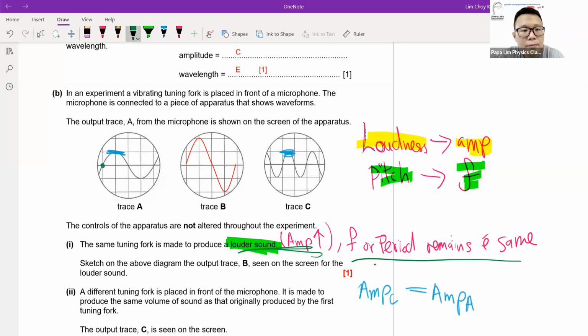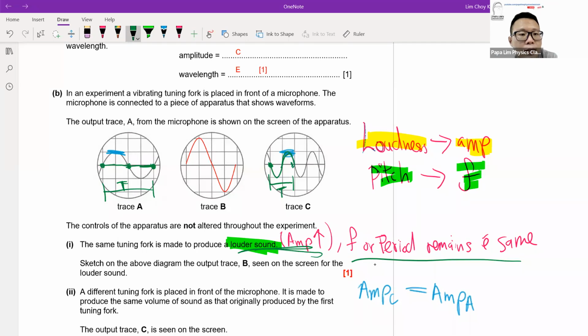For trace A, one cycle is 1, 2, 3, 4, which is 4 squares. This is one period, one cycle. On the other hand, for trace C, one cycle is only 2 squares here. So this is one cycle of the wave.